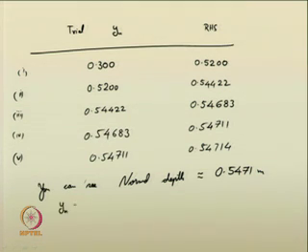Your normal depth is equal to 0.5471, greater than the critical depth, which is equal to 0.2185 meter. Therefore, here it is a mild channel, that is, the normal depth is above the critical depth, or the normal flow line is above the critical flow line. Therefore, it is a mild slope channel.